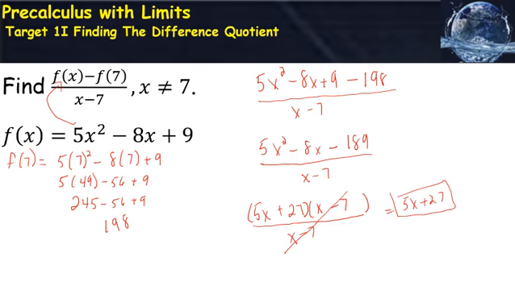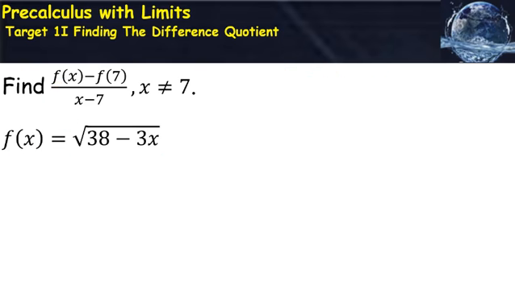And one more problem. Now this problem looks super scary, but it looks so scary that it's easy. And it's so easy that you think it can't possibly be right. So here we go. This is f of x. That gets plugged in there. We need to find f of 7, so I'm going to replace x with 7. So I have 38 minus 3 times x, but x is 7.